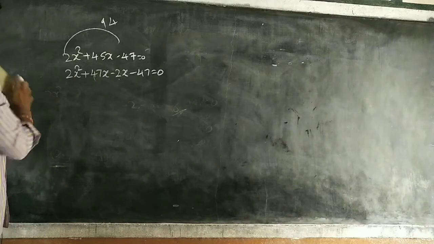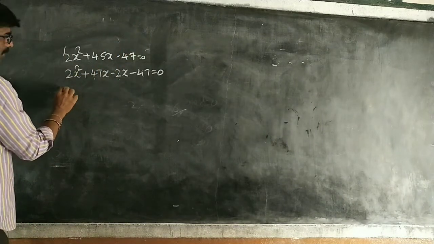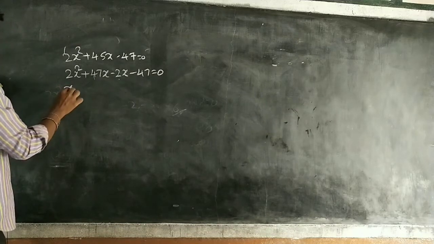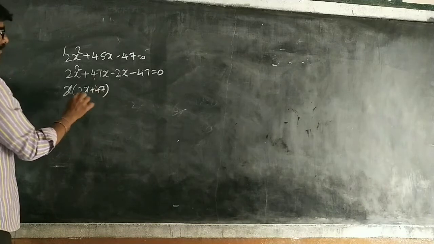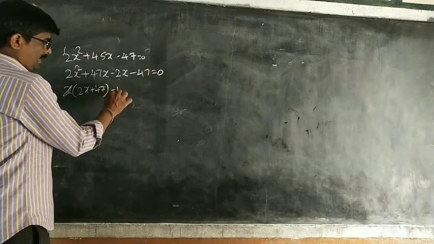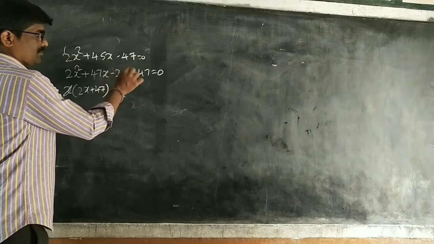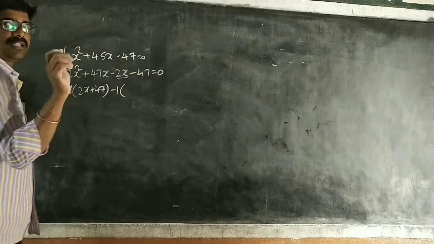Sign is same. Next. So if I am taking x common here, what happened? 2x plus 47. If I am taking minus 1 common, because here also minus 1, here also minus 1. In these 2x, in this 47, no common term.